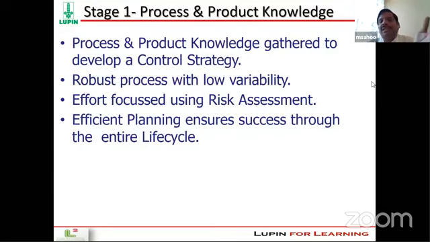As I said during the course of my explanation, process and product knowledge is gathered to develop a control strategy. So this control strategy that we develop, or that we put one after another, is compiled into the protocol. The key function of a process validation is to control the variability.